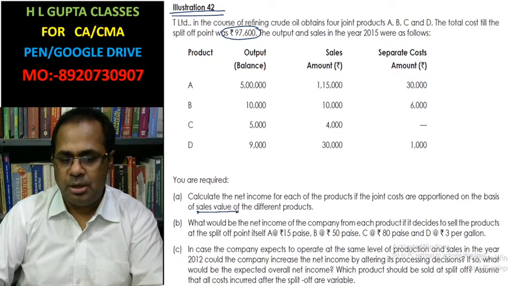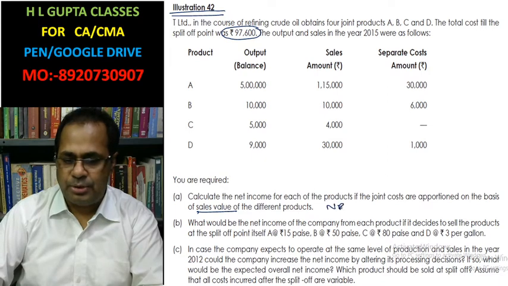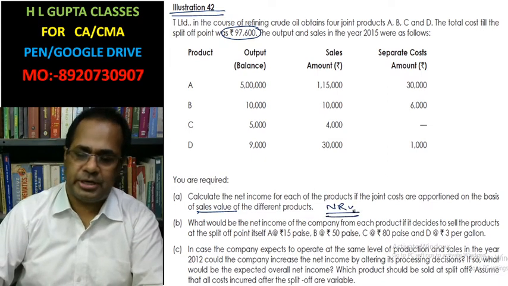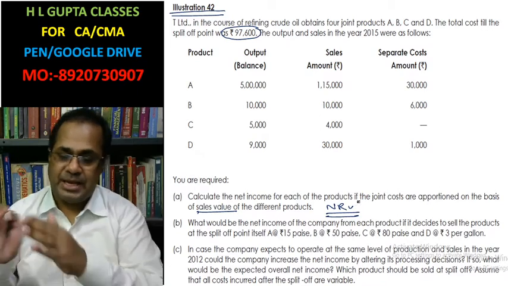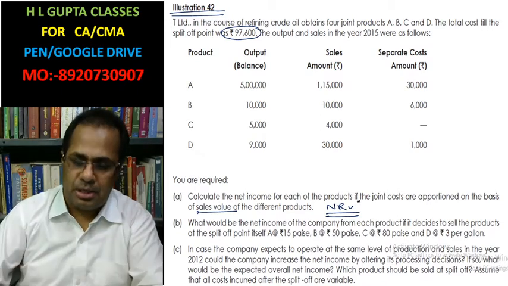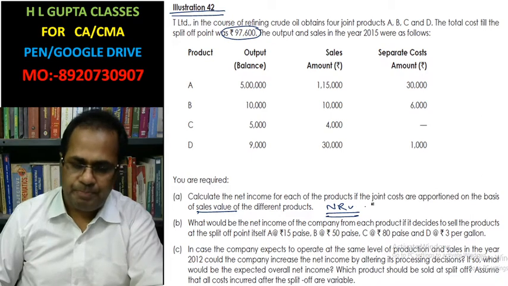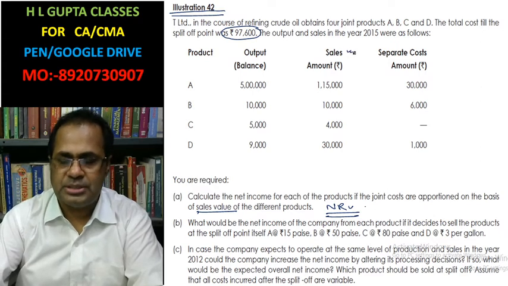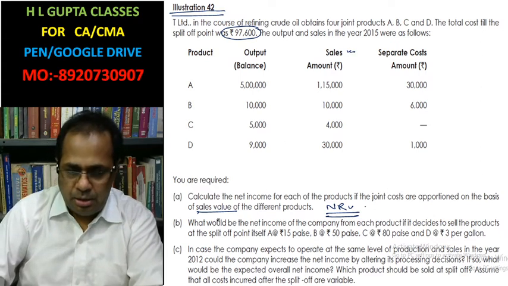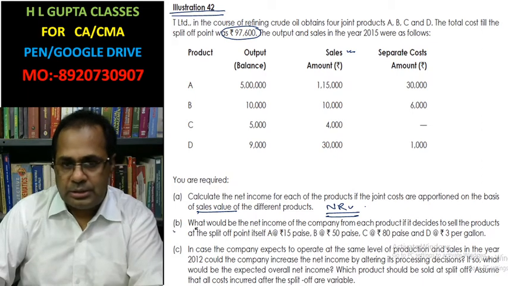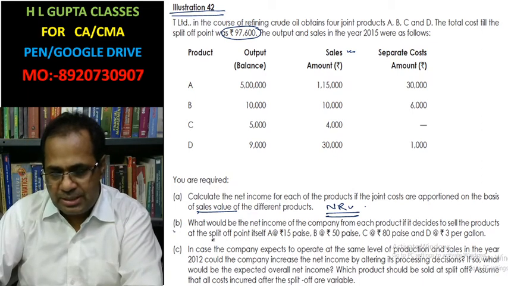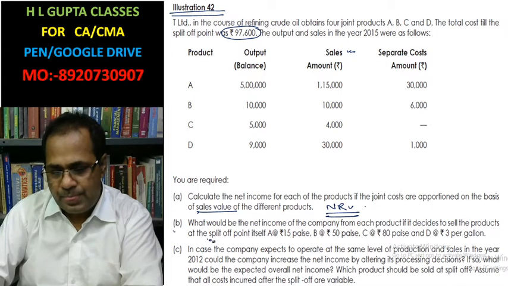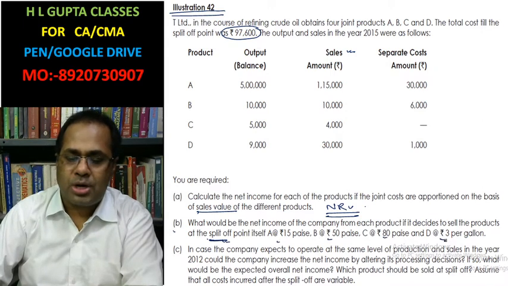This is not said, but in the question, net realizable value is used here, so I am also going to use net realizable value, the same process as I did in the last question. In part B, sales information at the splitter point is given: if these products are sold at the splitter point at these rates, then what will be the profit?